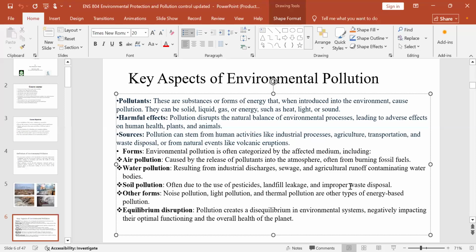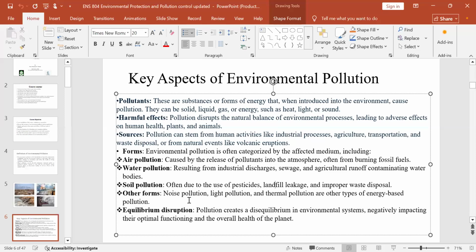And so you also have improper waste disposal. When you just dump, especially plastic, single-use plastics, around the neighborhood, it takes up space, and that pollutes the soil.